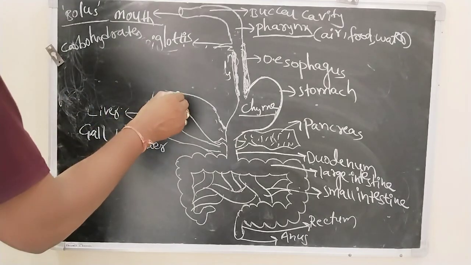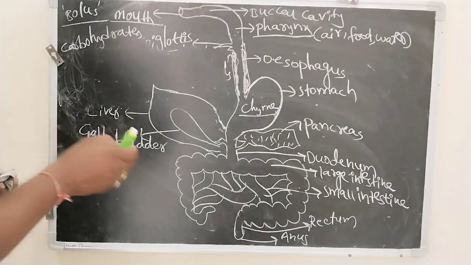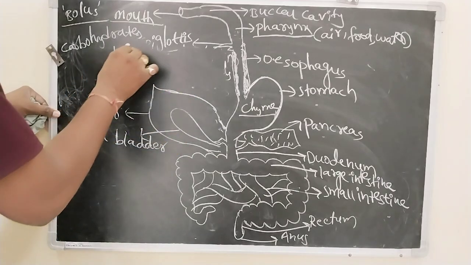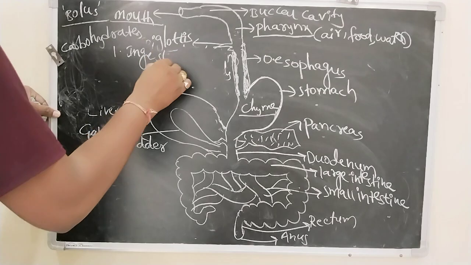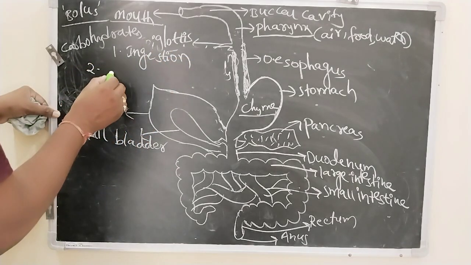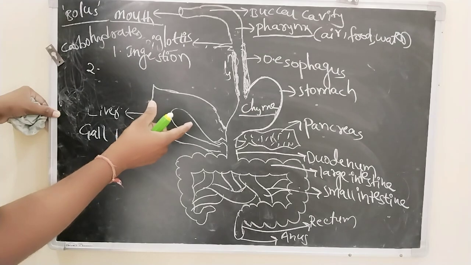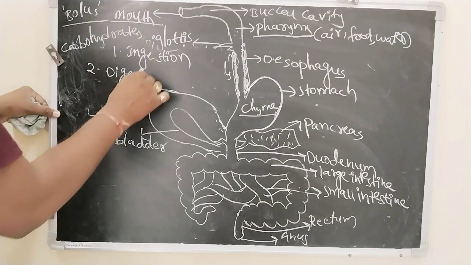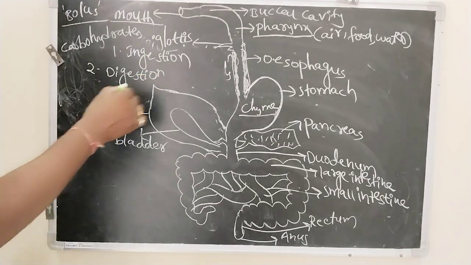And here we will discuss a few definitions related to the digestive system. First one is ingestion. What is ingestion? Intake of food through the mouth is called ingestion. The breakdown or conversion of complex food molecules into simpler forms with the help of digestive juice and digestive enzymes is called digestion.